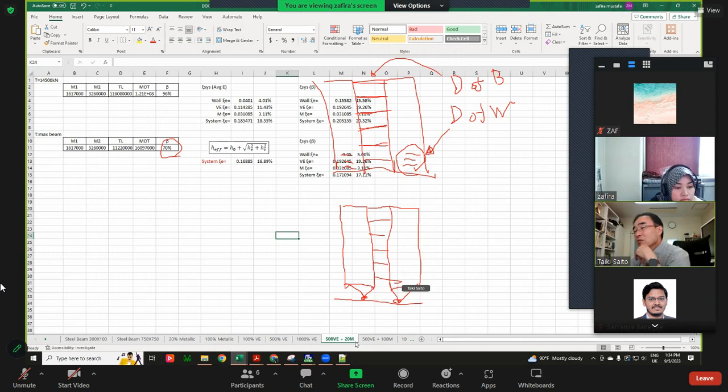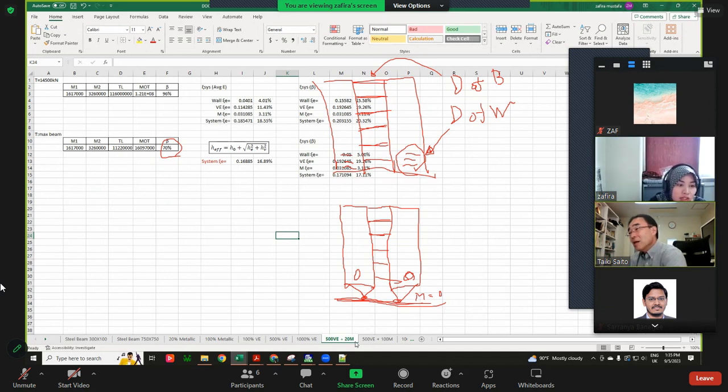In this case, there is almost zero energy dissipation by the wall because the moment is zero, right? So it's a very extreme case, but you can control energy dissipation by the coupling beam only. You don't need to care about the damage of the wall or the energy dissipation of the wall. But this is a little bit of an extreme case.